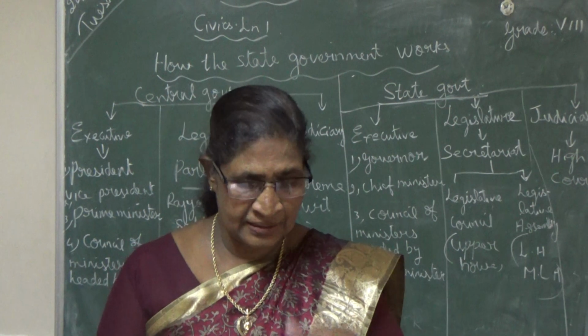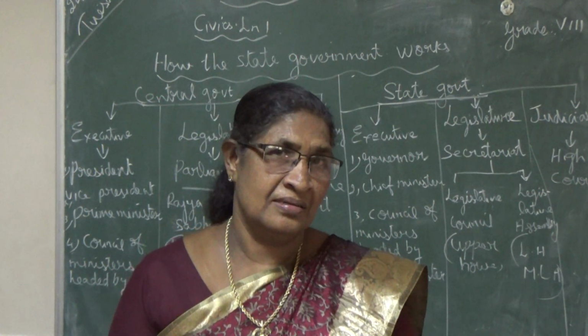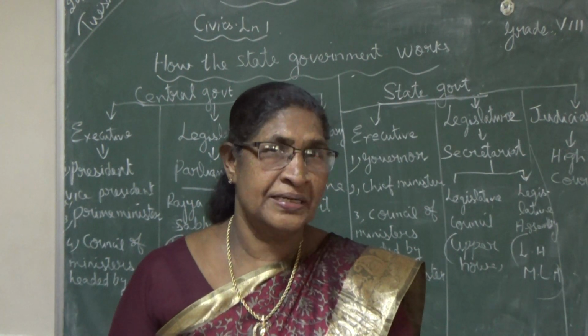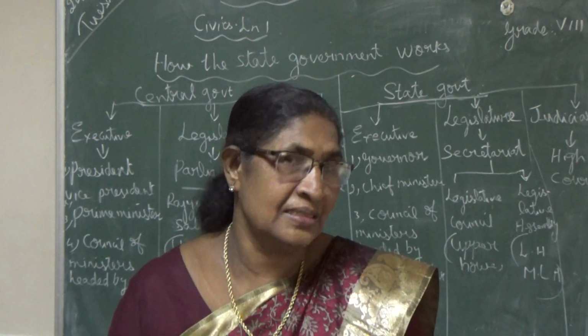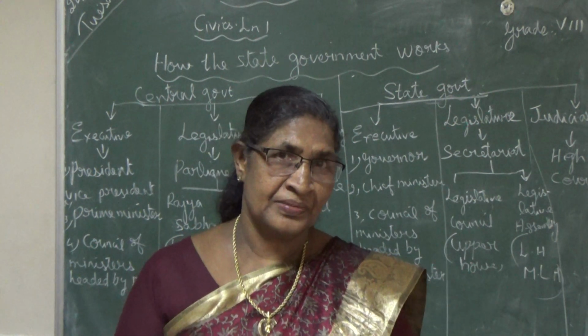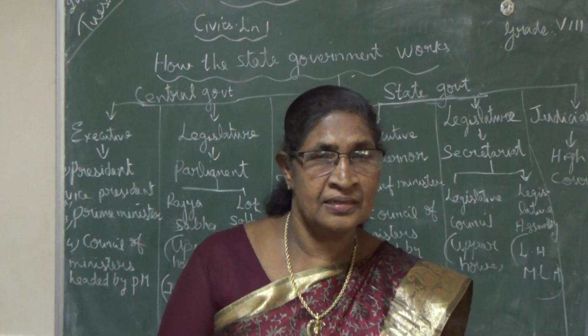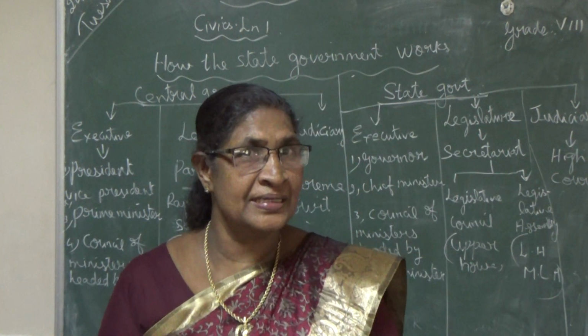He makes some important appointments of the state. He has the right to appoint some important persons in his state. That means the advocate general. Who is the advocate general? The head of the advocates. He is appointed by the governor.